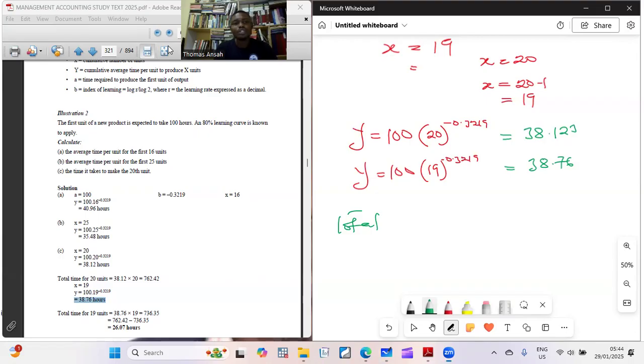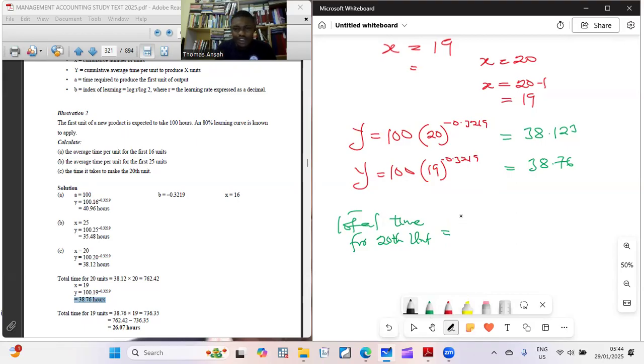In doing the total hours, what you see is that the total hours for the 20th unit will be the total time for the 20, minus the total time for the 19. So let's say total time for the 20th unit will be equal to the y for 20 minus the y for 19, sorry.